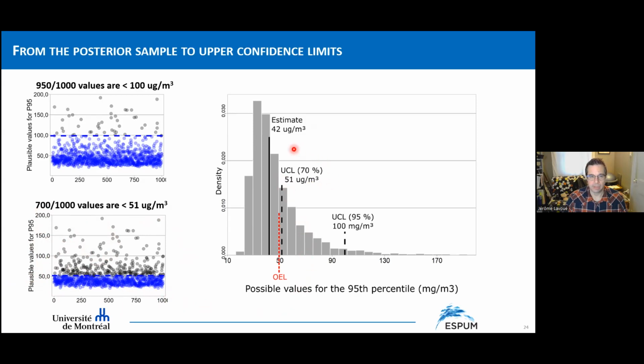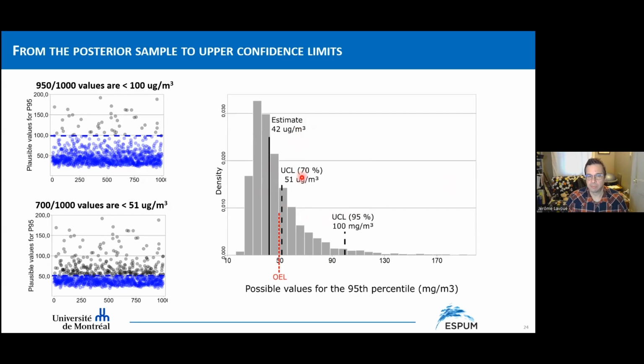And you see the point estimate here, I would obtain just by finding the median of these 1,000 values. And so you see, I can get to the traditional results. I can say the point estimate for the 95th percentile is 42 micrograms per cubic meter.